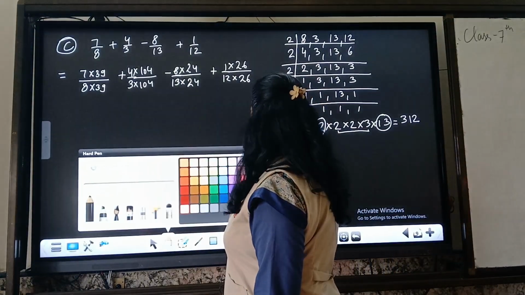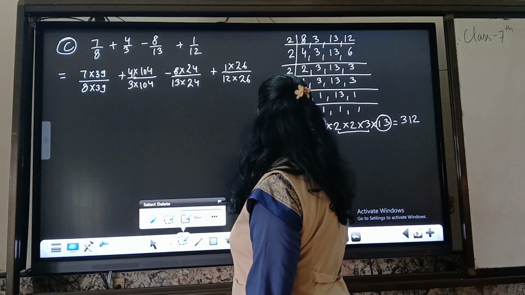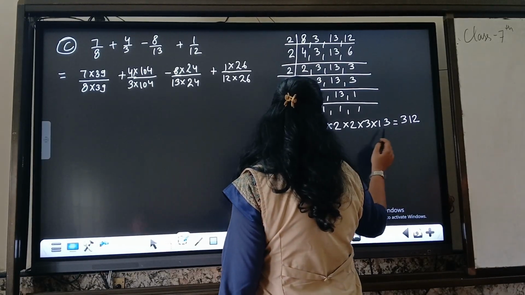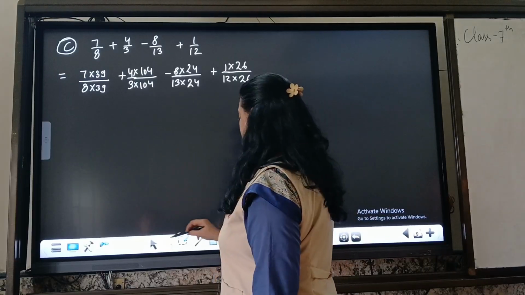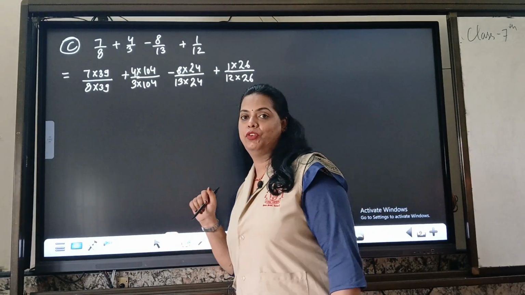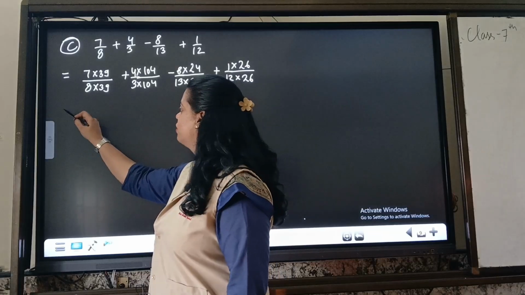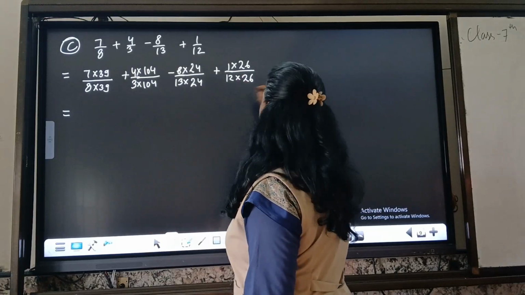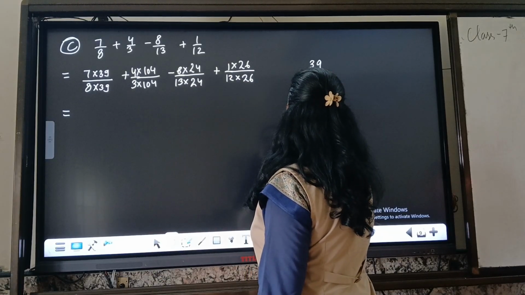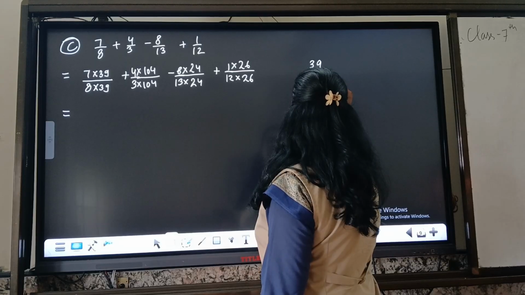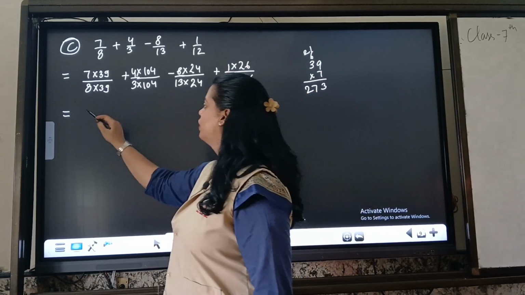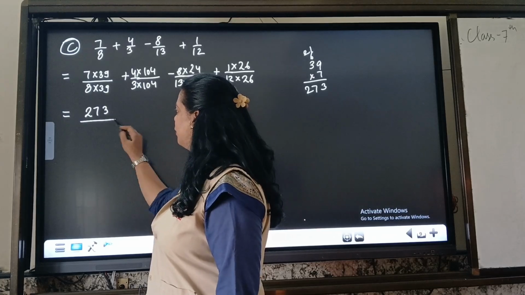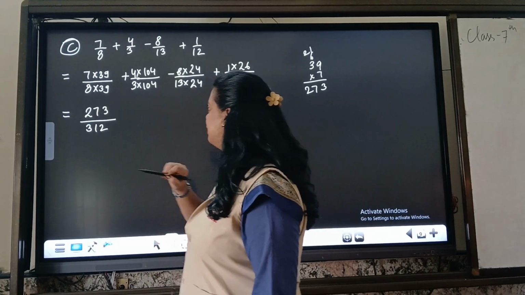Now we have all the denominators the same. This value is not required right now, I am erasing it. Now we have to find the multiplication of the numerators, like 7 into 39. 7 9s are 63, 7 3s are 21, it is 273. So I am writing 273 upon 312, which is my LCM.